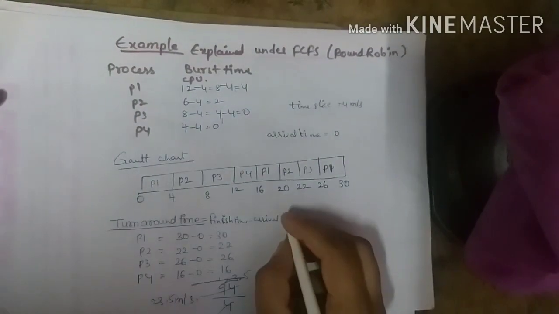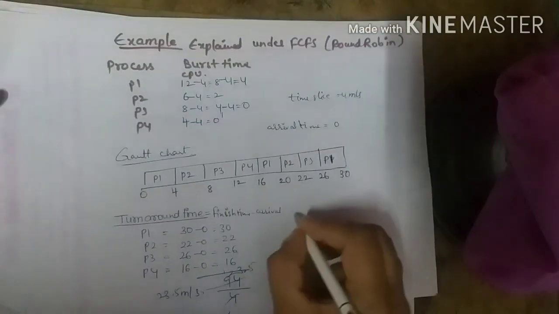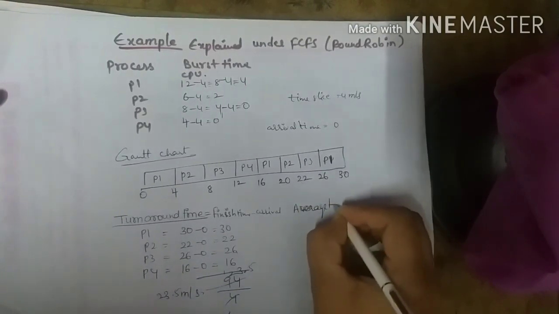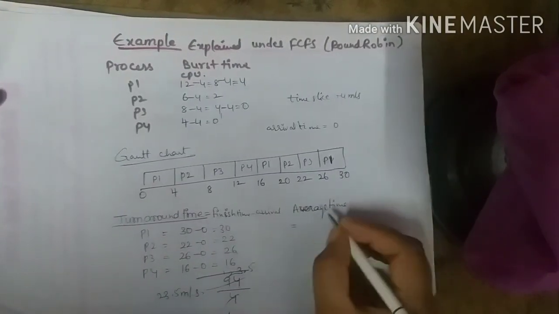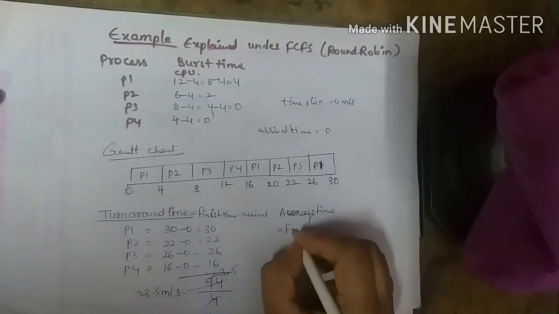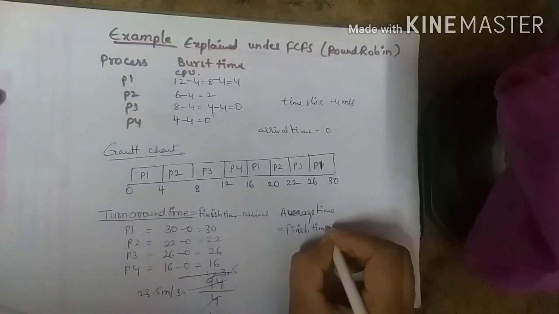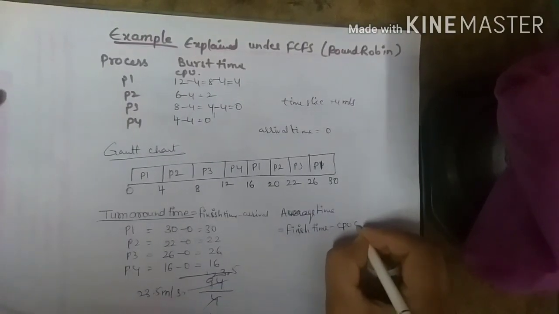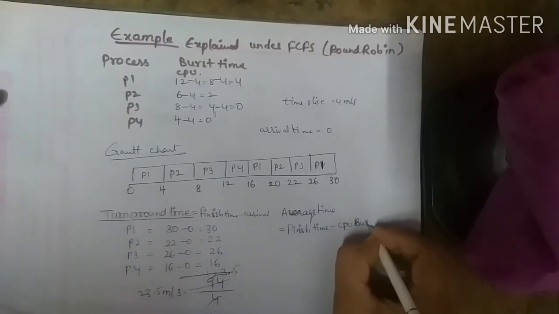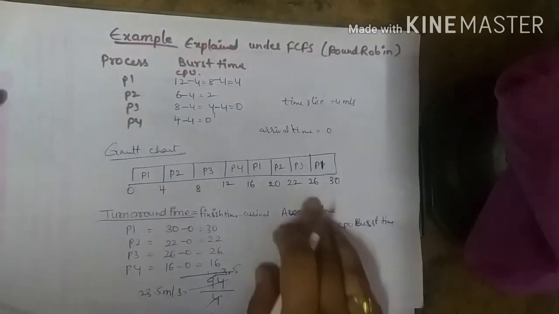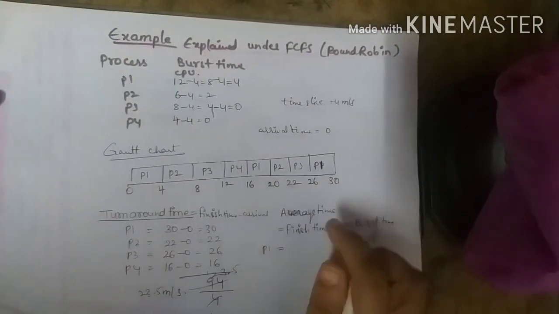And now we will take the average waiting time. The average waiting time formula for the round robin algorithm is the finish time minus CPU burst time. Now, what is the finish time for P1? P1 process finish time is 30.